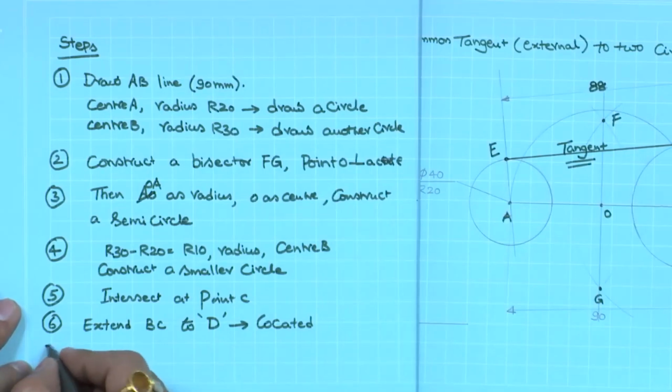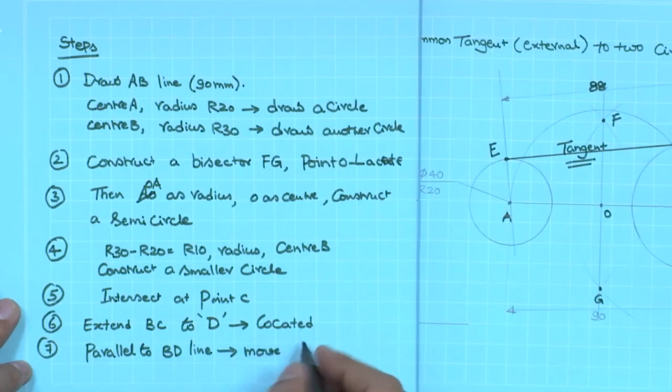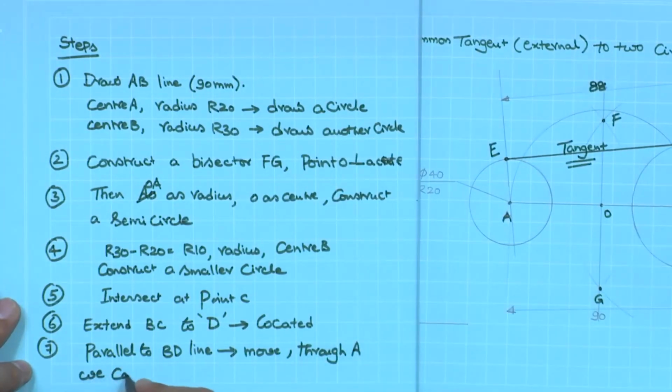For further purpose, what we have to do is move parallel to the BD line, so that through point A we can construct another normal.